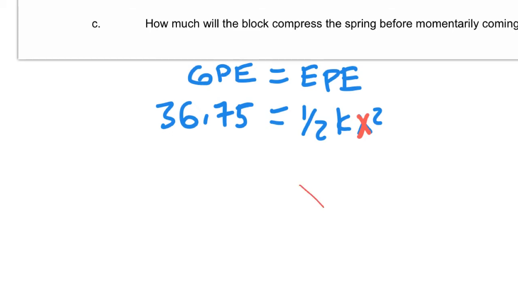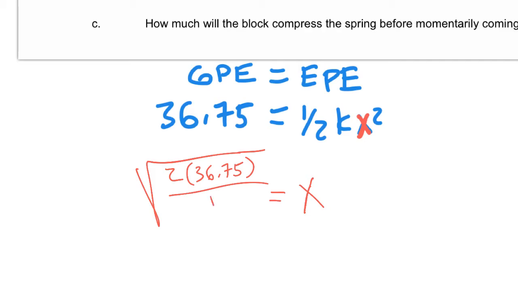Now, if we were to go through the motions to get x by itself, we'd quickly see that we would have 2 times 36.75. I mean, it'd be the square root of the whole thing over k, okay? So in case that's not clear, you could get x by itself on your own, pause the video if need be, and it would be this.